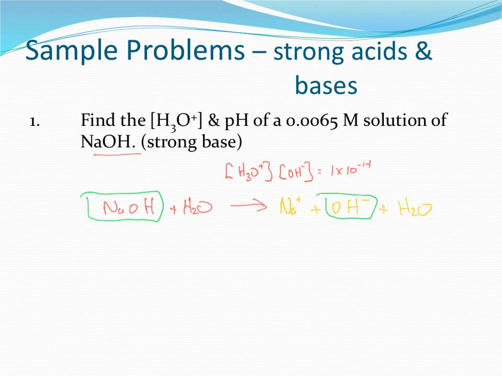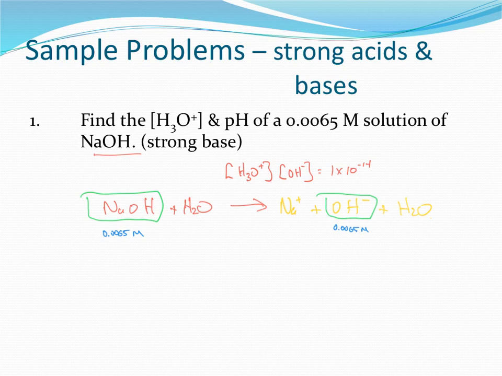That's important because we know the concentration of sodium hydroxide is 0.0065 molar. So that also gives us the same concentration for the hydroxide ion.